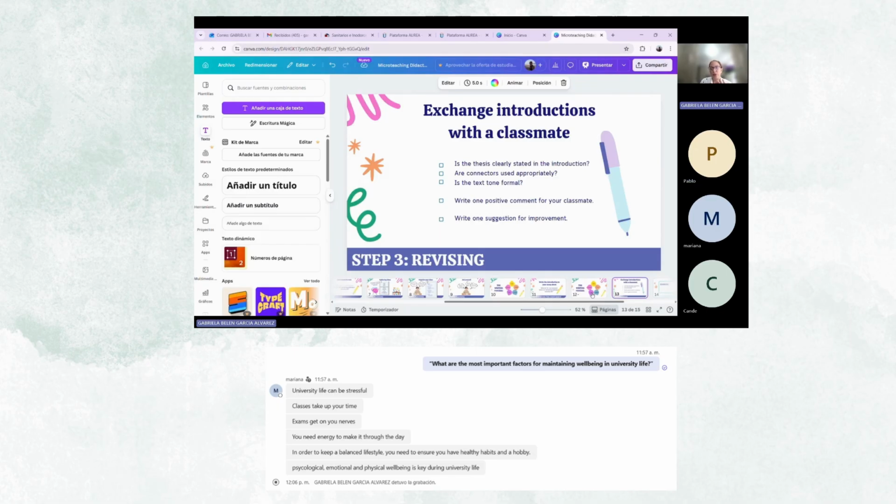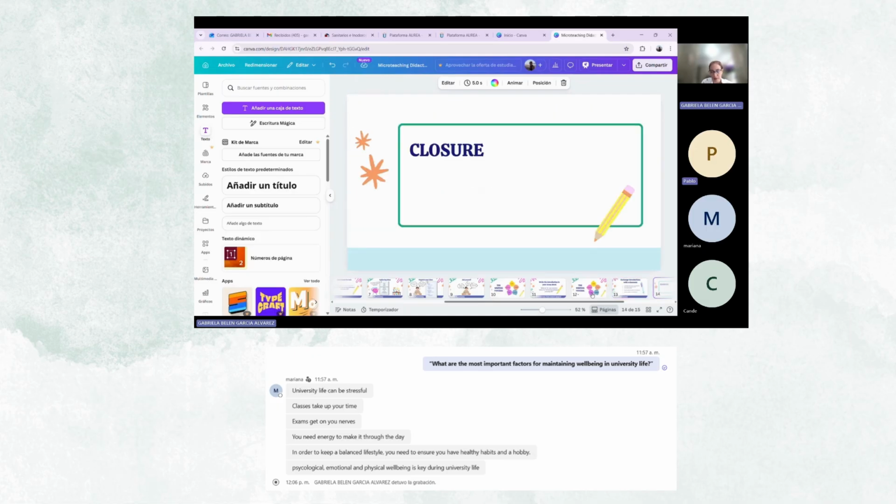If you use connectors or not, here you use one connector. If the text tone is formal or informal. And then, according to those findings, you will try and rewrite it again for next class, okay?